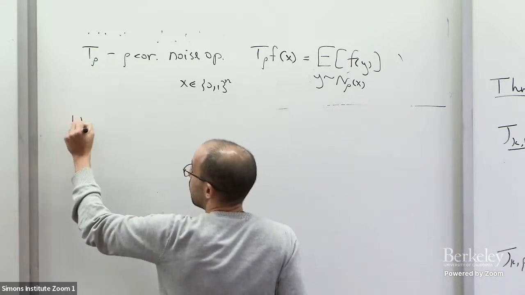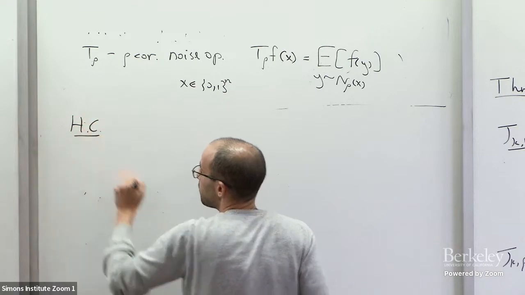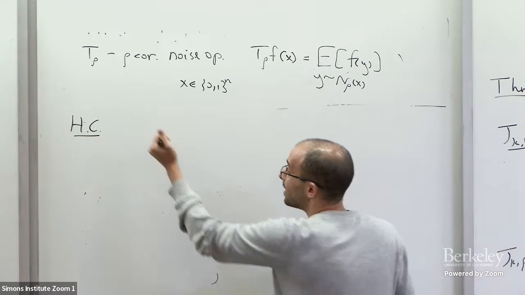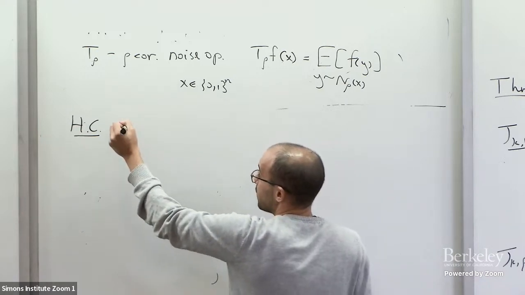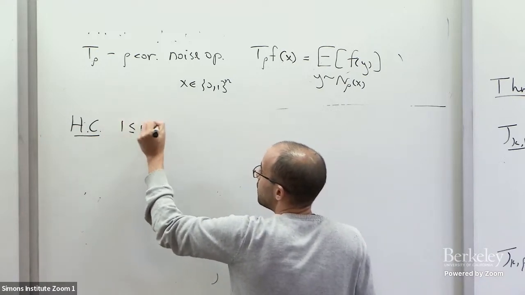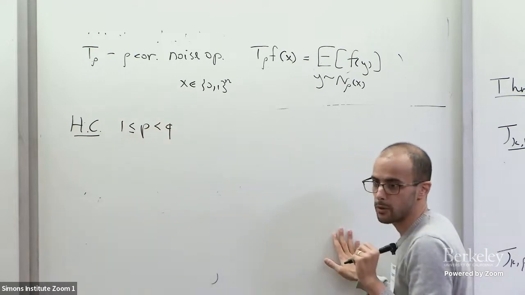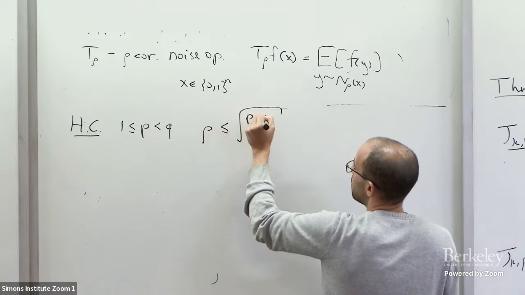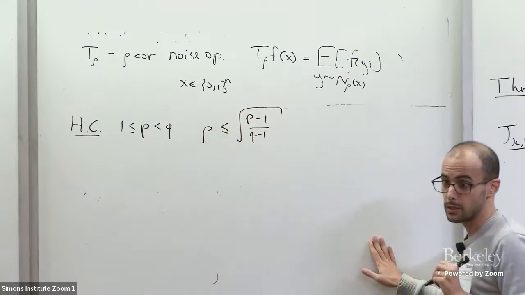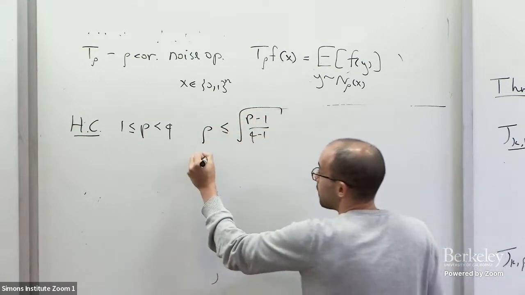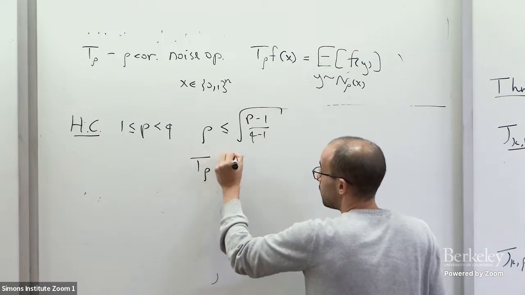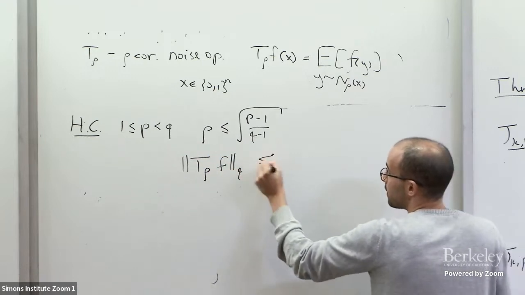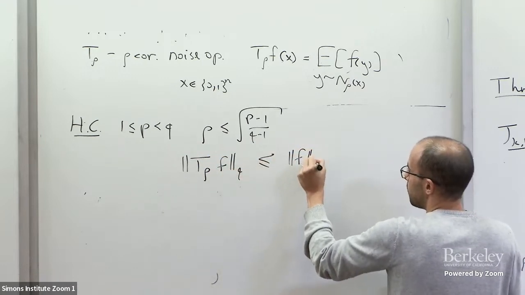The well-known hypercontractive theorem by Bonami, and also Beckner and Gross and Nelson, says the following. Suppose we have p and q, where q is greater than p, and suppose we take a correlation rho that is small enough with respect to these p's and q's. Then it turns out that for every function f, the q-th norm of the noise operator applied to f is less than or equal to the p-th norm of f.